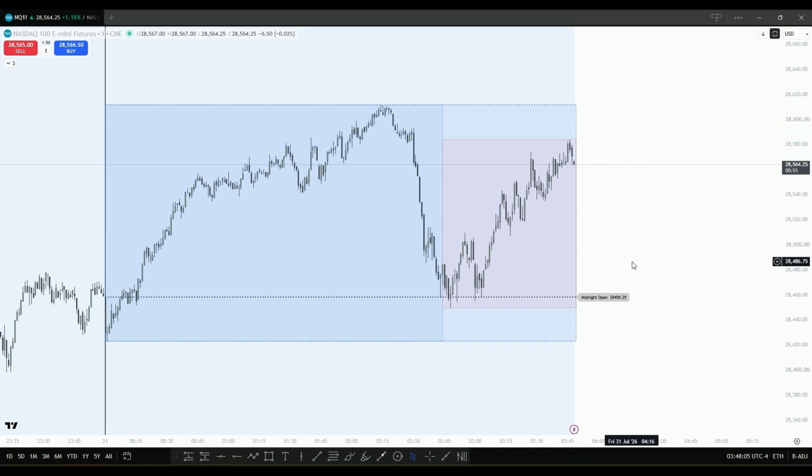Okay, so pay close attention here because this is important. We don't want an SMT here because that's an SMT within the same power of 3 cycle.